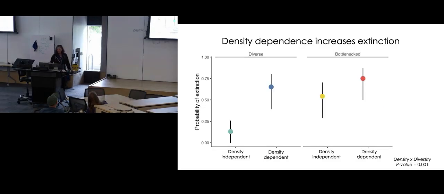So first thing is that density dependence strongly increases extinction risk, and that is both for diverse populations and bottleneck populations, with the difference being larger for diverse populations. So that makes biological sense, right? Population size is being constrained by negative density dependence. They can't grow as much, and so more of them are going extinct.